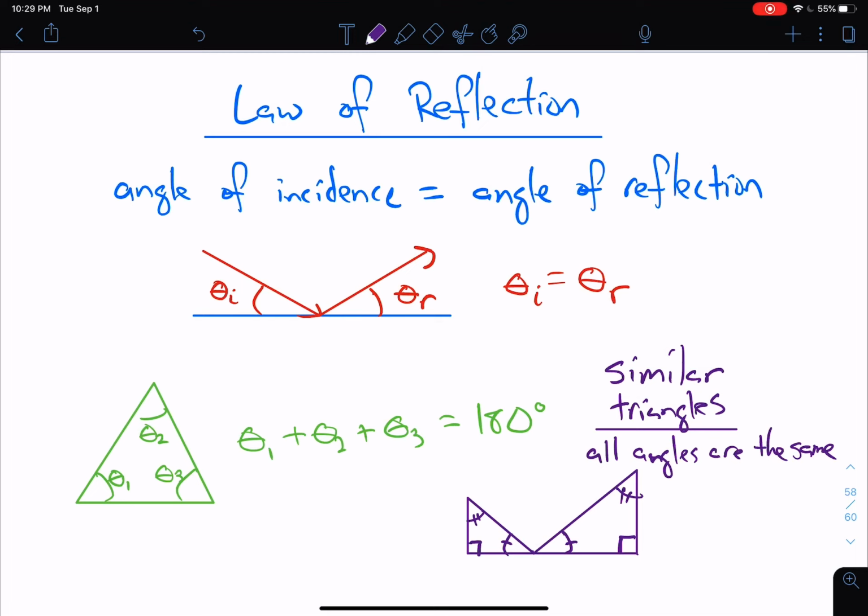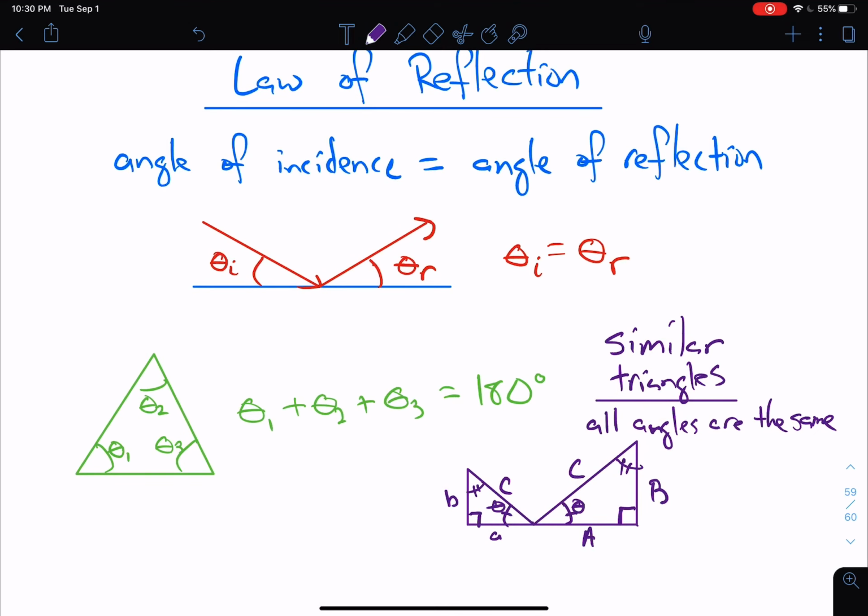So going back to this first angle, let's just call this first angle theta. So if I've got sides, let's say a, b, and c, and this is capital A, capital B, and capital C. Okay, so that means if I'm doing the sine of theta, then the sine of theta has to be opposite over hypotenuse.